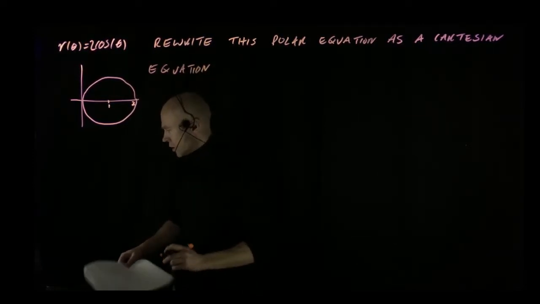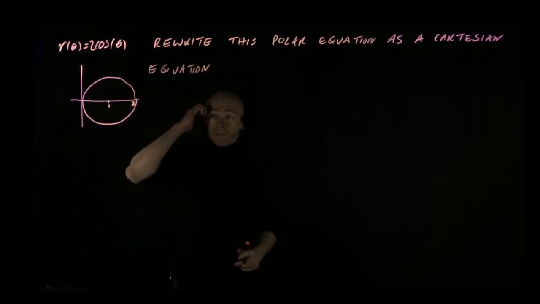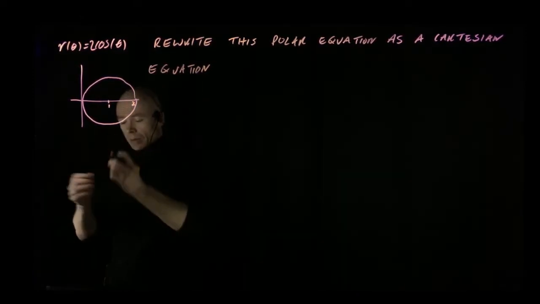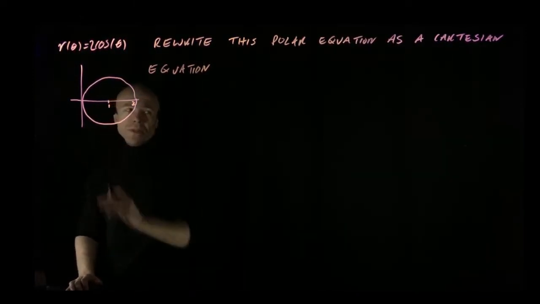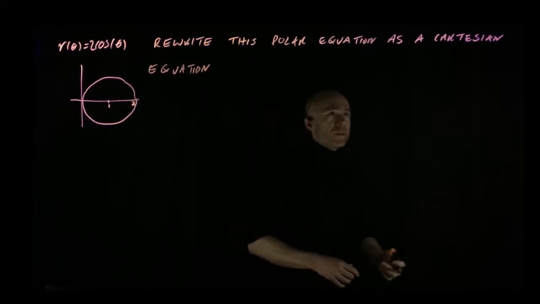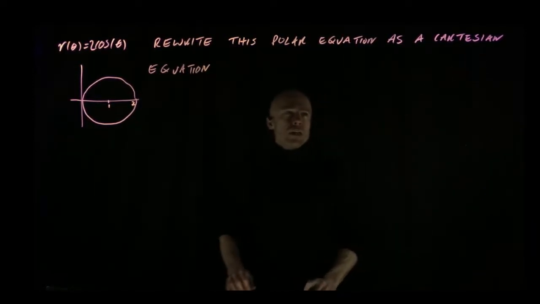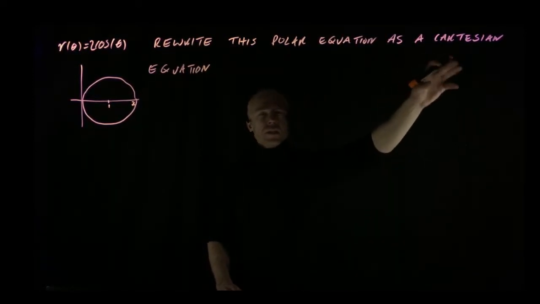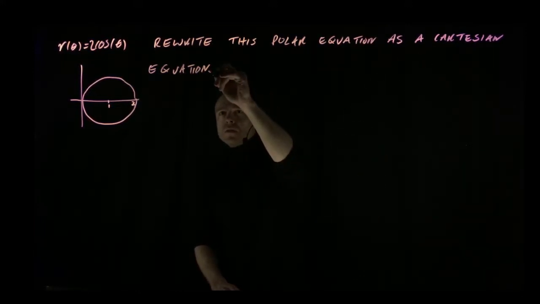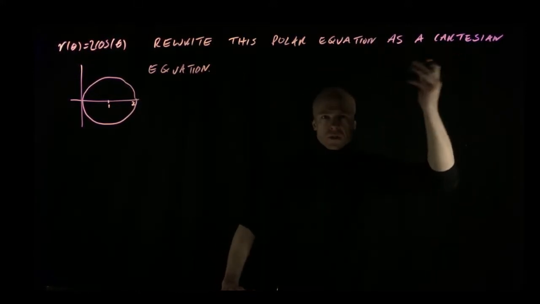So we use the word Cartesian because the invention of, or the concept of identifying points in the plane with coordinates is from this French philosopher, mathematician called René Descartes, and so the reason we say Cartesian is because of Descartes.